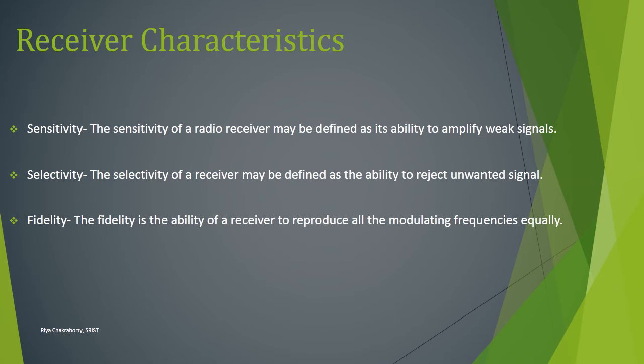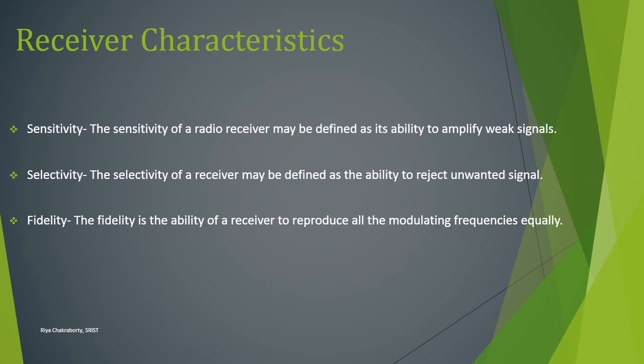So let us discuss various superheterodyne receiver characteristics. Sensitivity, selectivity and fidelity are the most important characteristics, and also there are double spotting, tracking, etc.